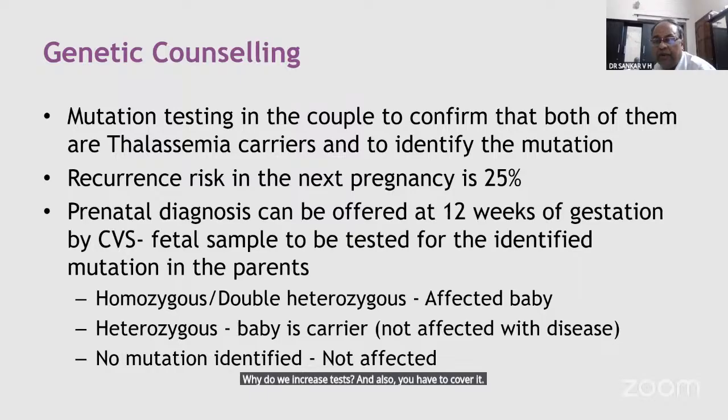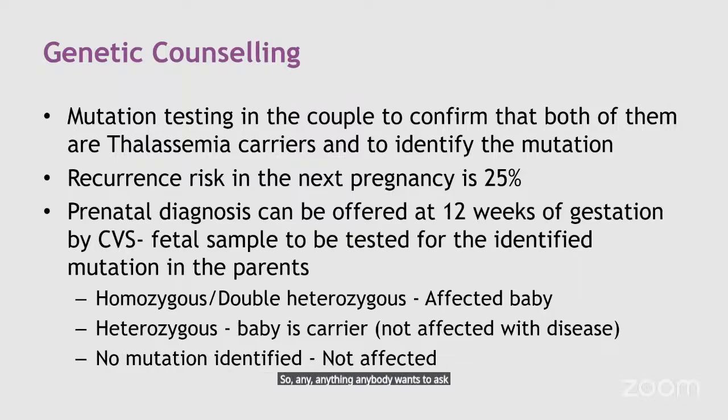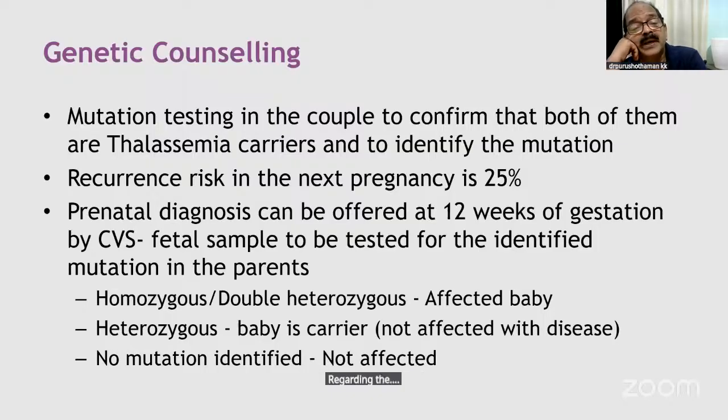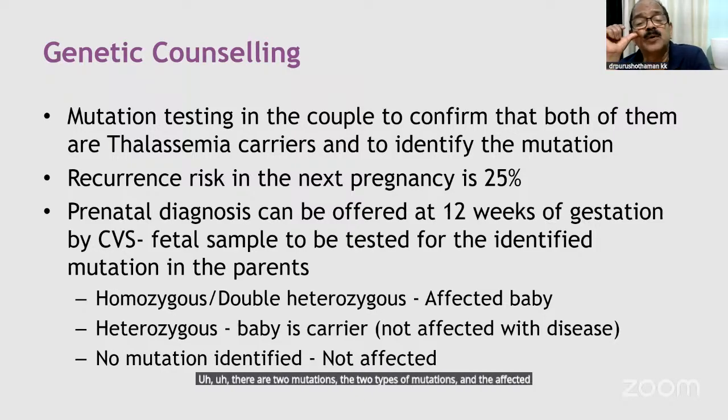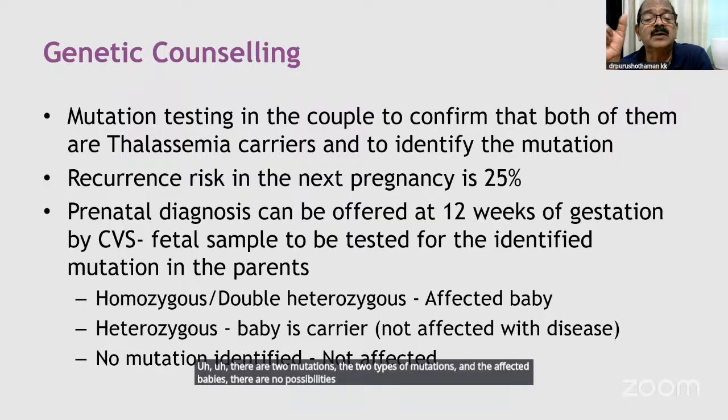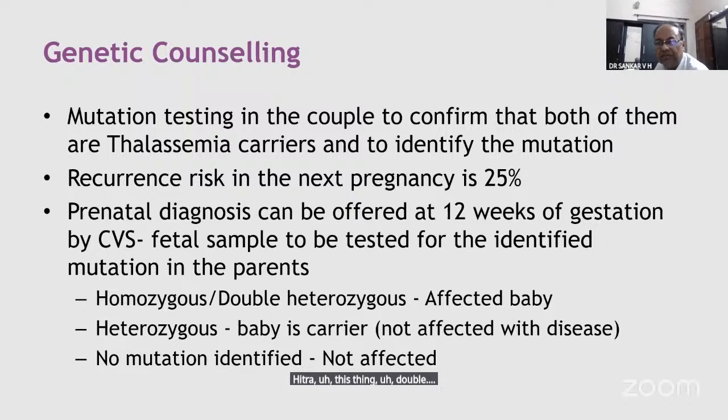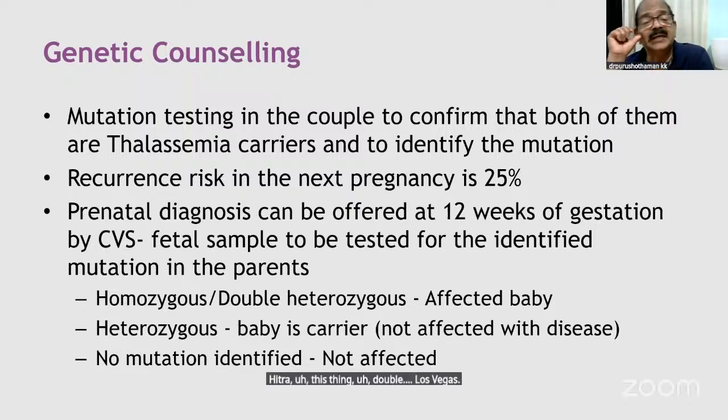So, does anybody want to ask anything about these two cases? Shankar, regarding both parents, there are two mutations and an affected baby. There are two possibilities. You said homozygous or double heterozygous. In the double heterozygous, for counseling you always consider the affected and severe situation.